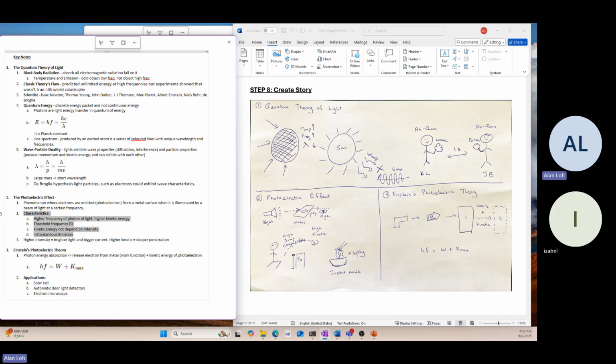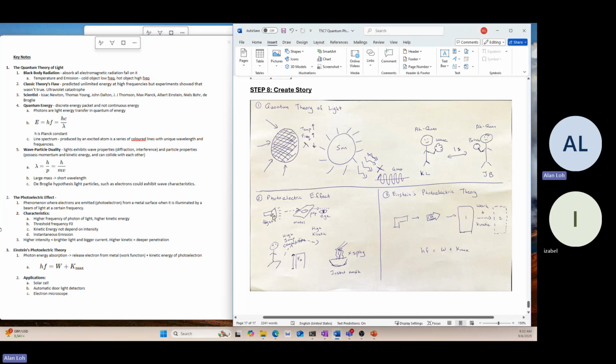So Easy jumps higher, higher kinetic energy, higher frequency. Easy needs to jump above the threshold, which is the threshold frequency. And after jumping, she wants to eat instant noodle, instantaneous emission. And the instant noodle is not spicy: intensity does not affect the kinetic energy, right?